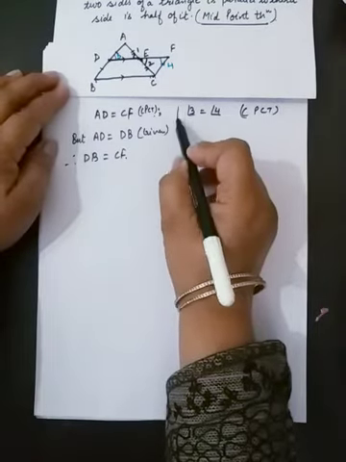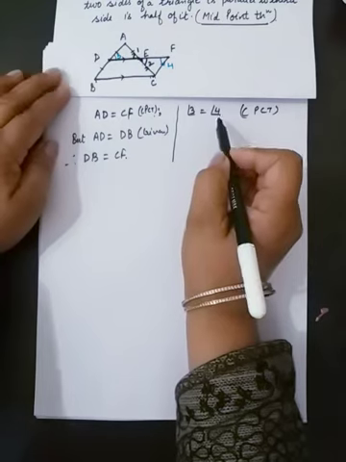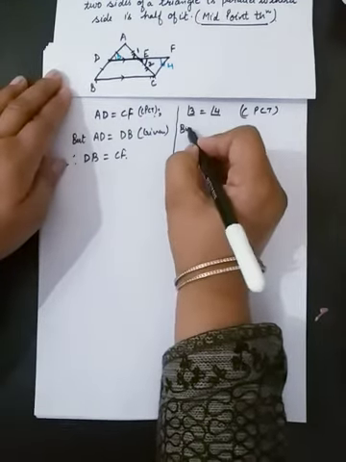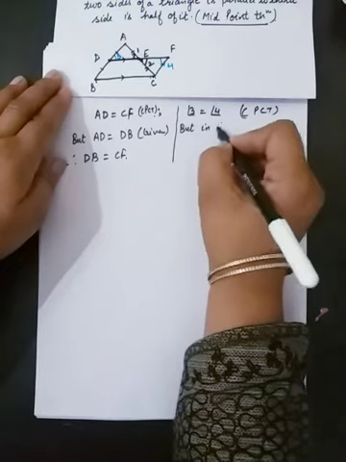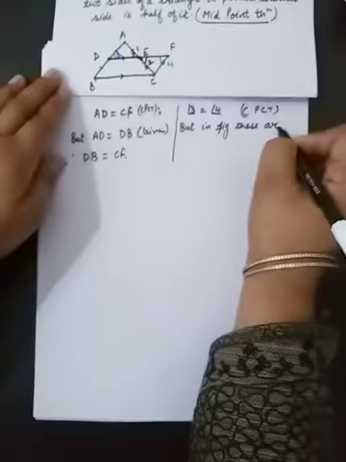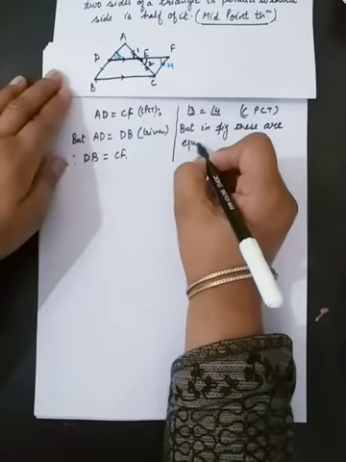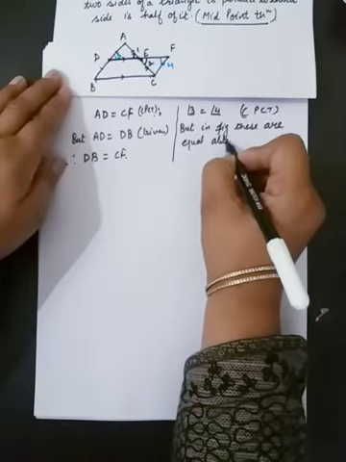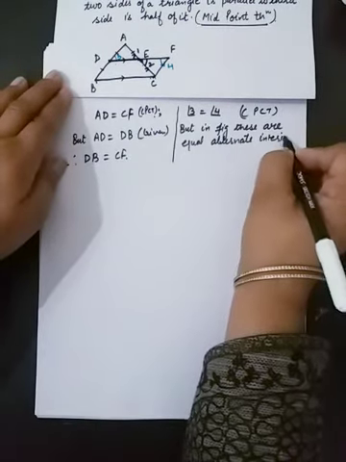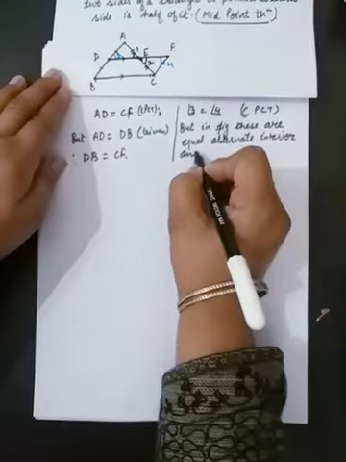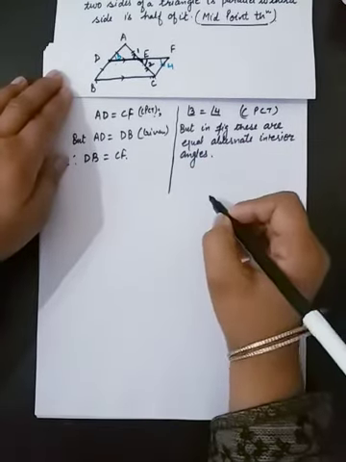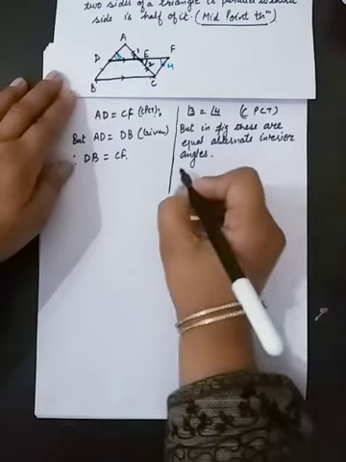And from angle 3 and angle 4 being equal, but in the figure these are equal alternate interior angles. And we know that when alternate interior angles are equal, then lines are parallel.